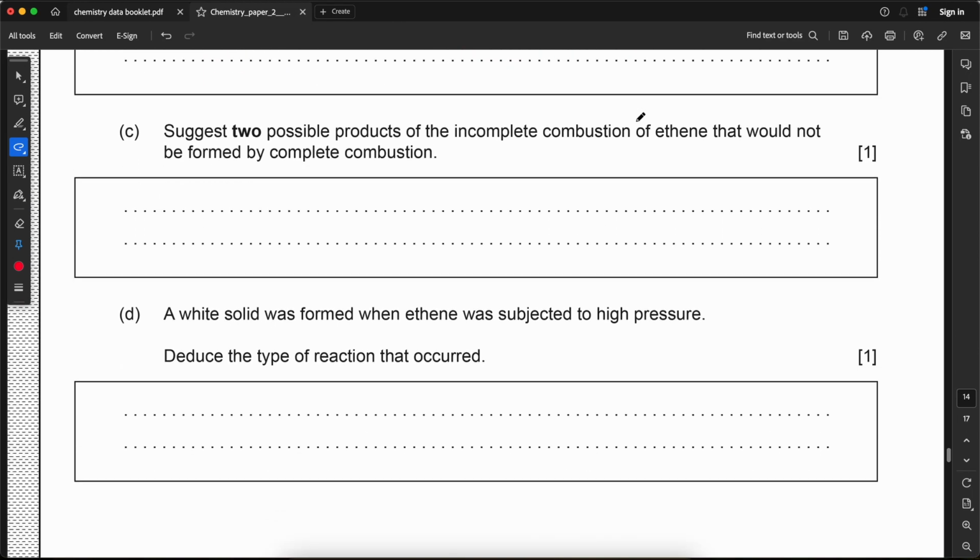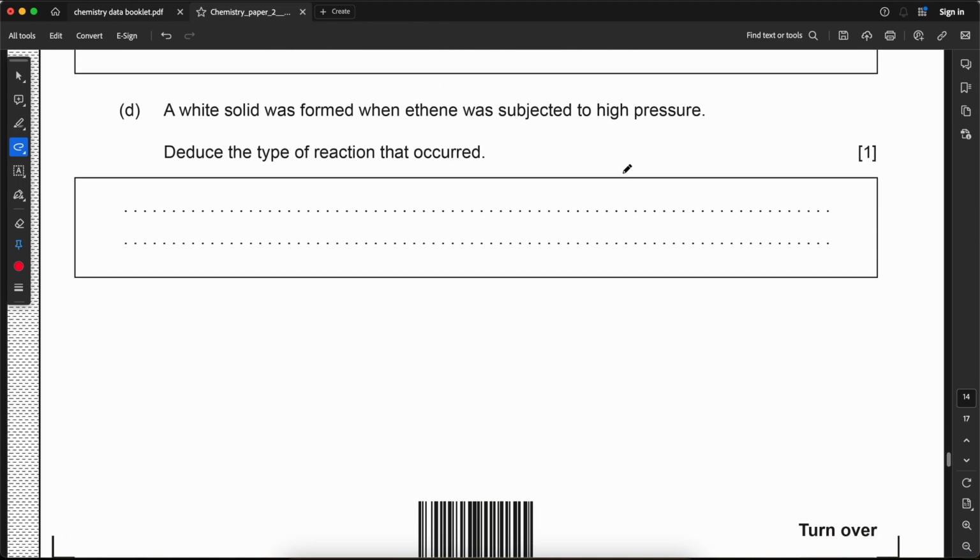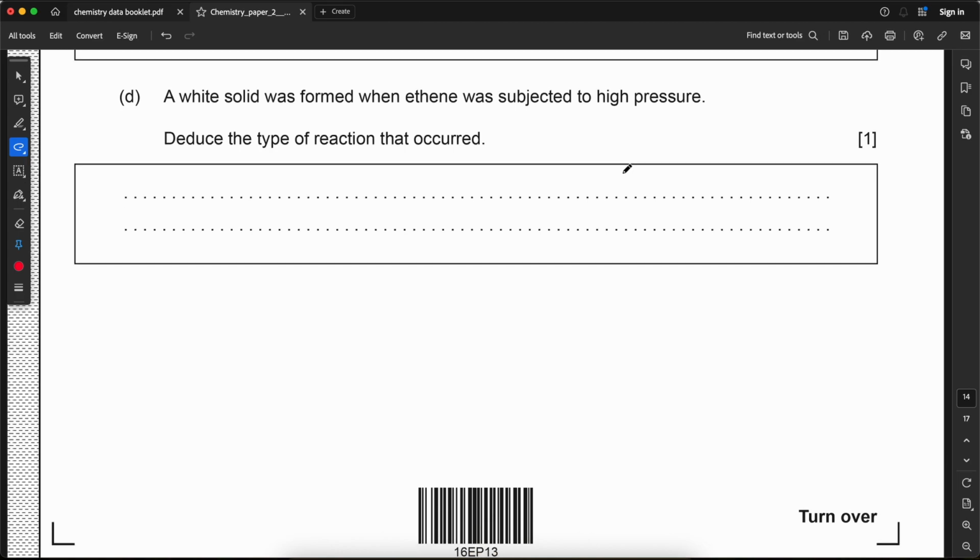Suggest two possible products of the incomplete combustion of ethene. CO, carbon monoxide and carbon, CO and C. A white solid was formed when ethene was subjected to high pressure.